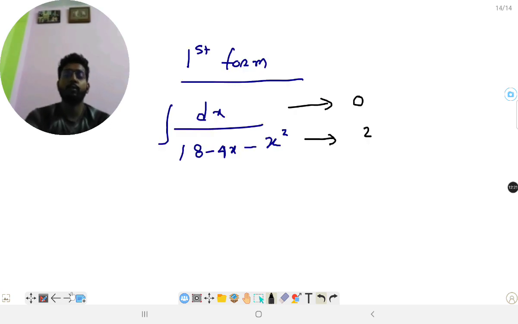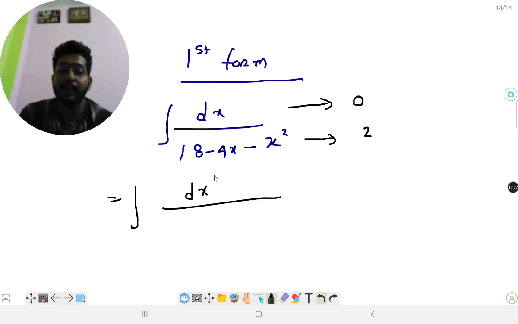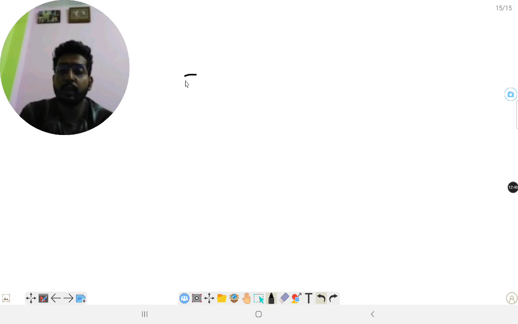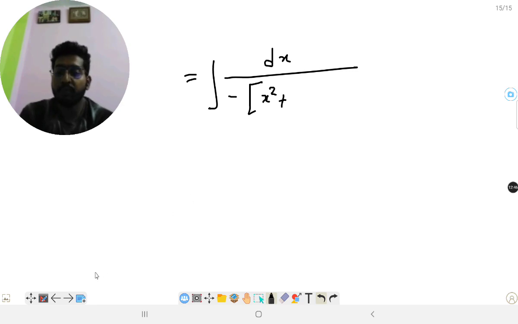So first form, how to do this one? For the first form we have to make it to square form. Okay, somehow we have to make this one a square quantity. That means first we have taken minus, so it will become x square plus 4x minus 18. I am writing like this. Now this one will be integration of dx by minus (x square plus 4x.